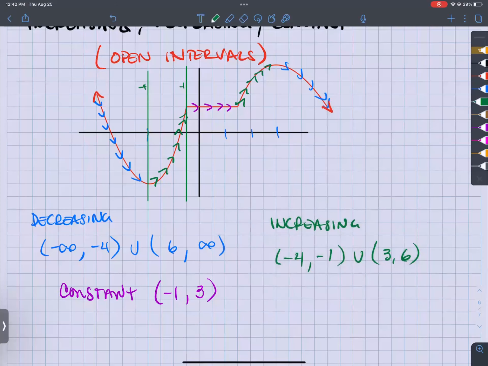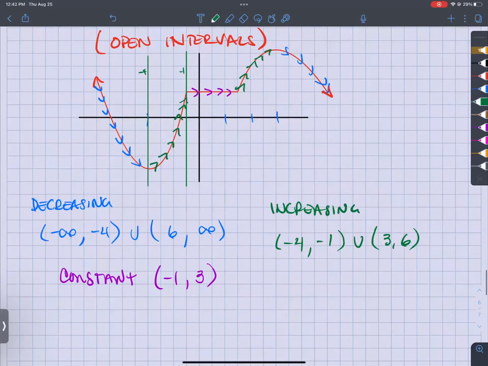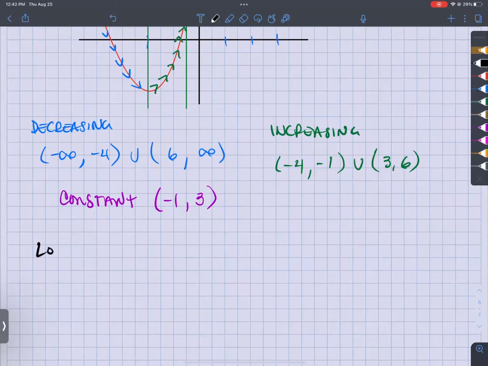So while we're on this graph, we can also talk about local max and min. Local max and min is very much like relative max or min.